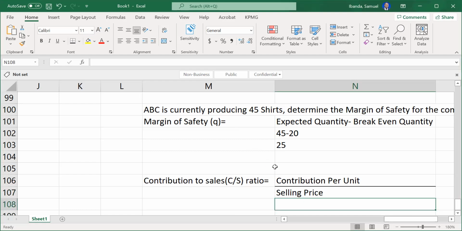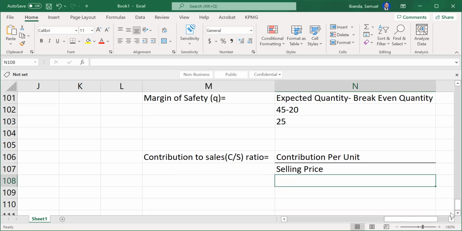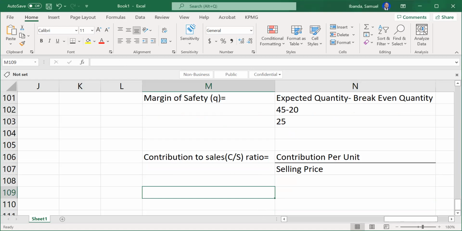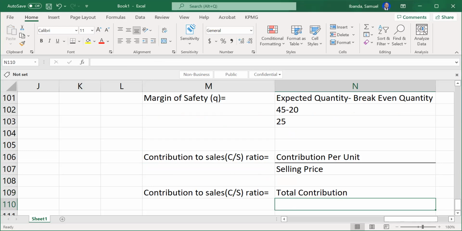If you're looking at it from total contribution, it would be total contribution divided by total revenue. And if it's per unit, then we look at it from that perspective. Now, why am I bringing this up? Like I said, this CS ratio can also be represented by total contribution divided by your total sales revenue.